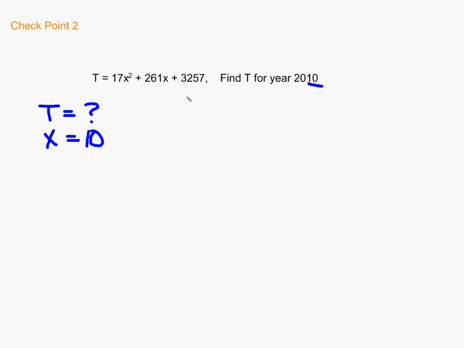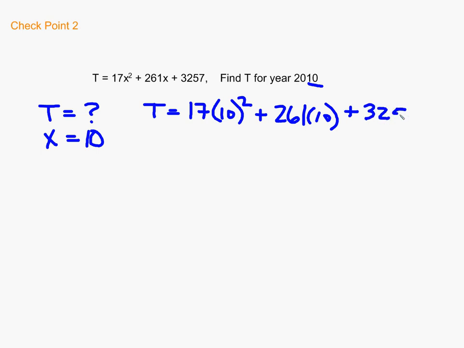So I've stated my variables, and now I'm going to input those into the equation. So 17 times 10 to the power of 2, plus 261 times 10, plus 3257.